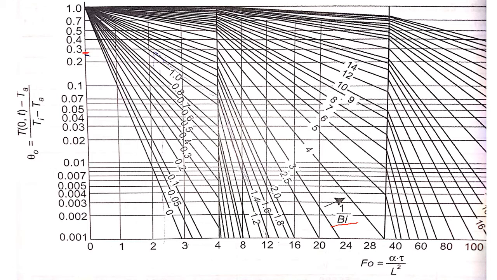So I am coming horizontally, let me draw a horizontal line like this. Next, my 1 divided by Biot number value is approximately 1.23. We have already calculated it as 1.229, so it will be nearly 1.23.